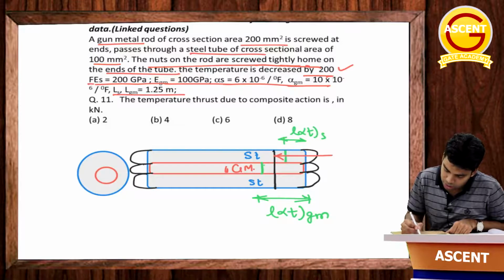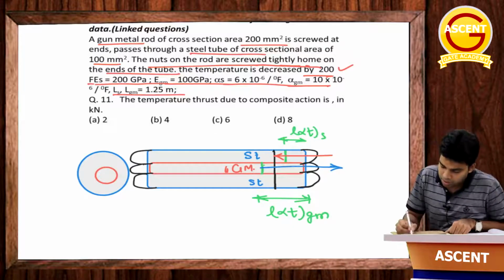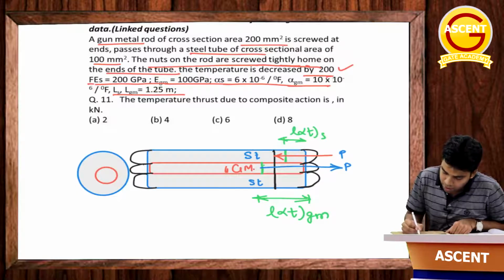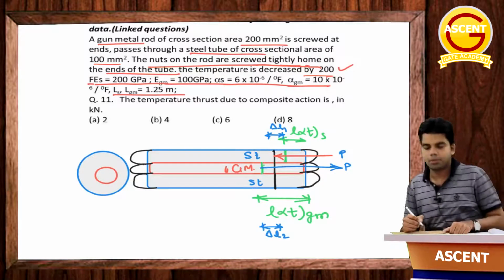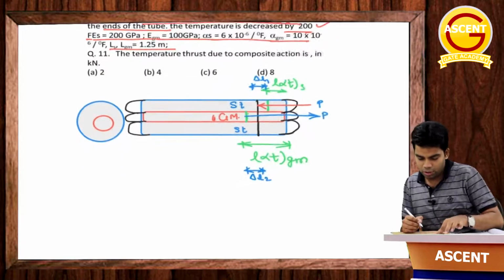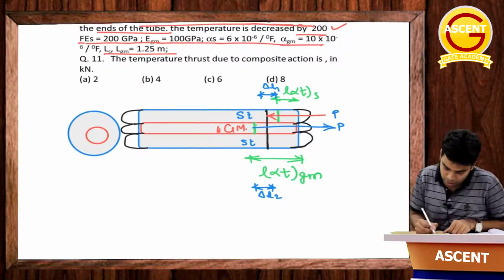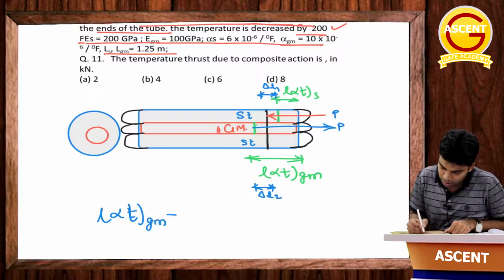Steel में compression होगा और गन मेटल में टेंशन होगा. And the force in both will be same. P force will be same, और इस P force का काम रहेगा स्टील में delta L1 length को कम करके रखना, और गन मेटल में delta L2 length को बढ़ा के रखना. Getting it, not? Okay, so here if we see from geometry, it would be L alpha T of gunmetal minus L alpha T of steel.